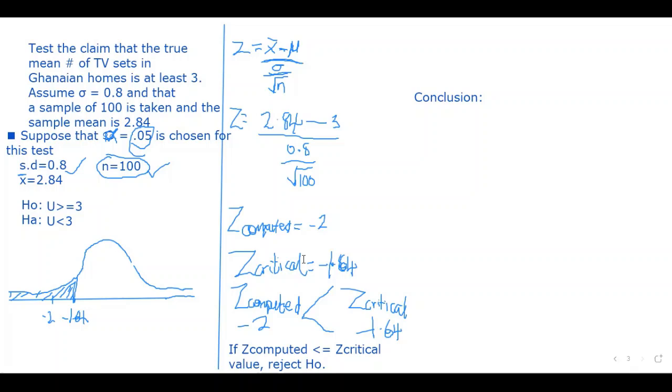But if the question demands you compare the probabilities for the p-value approach, you compare the probabilities. You compare the alpha value with the p-value. So the p-value will be the probability of the Z computed. I repeat, p-value is the probability of the Z computed. And we also know Z alpha is 0.05.